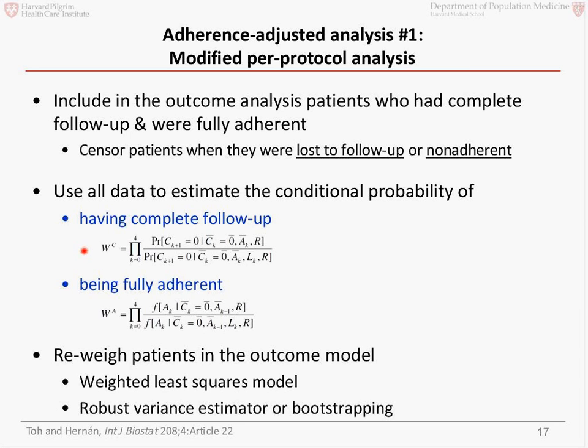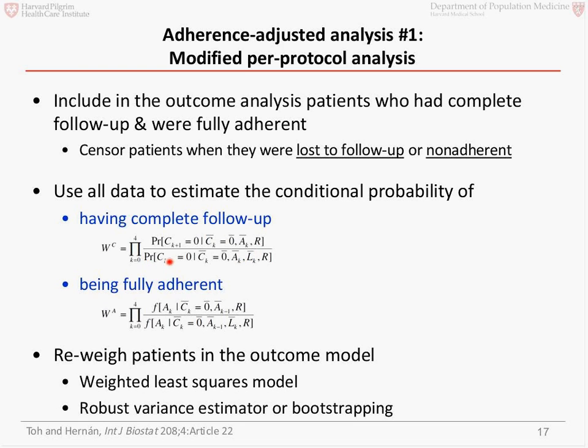So the first one, we are going to go over this now, is censoring by loss to follow-up. With IPW, let's focus on the denominator here. What we did here is that at each follow-up time, we estimate patient's probability of remaining uncensored, given that they have not been censored before and given their prior treatment and comorbid histories.